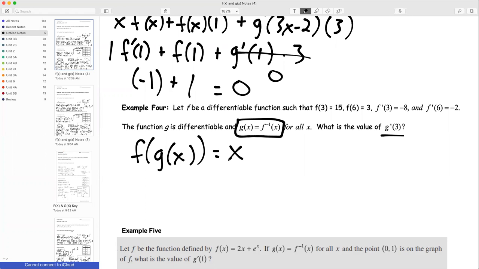What am I looking for? g prime of 3. So I need to take the derivative. I've got f prime of g of x comes down, times g prime of x, and the derivative of x is 1.